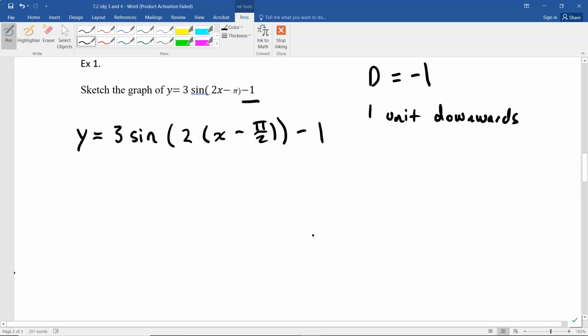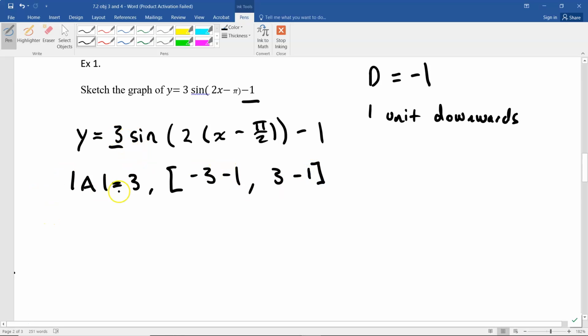So here we have an amplitude of 3. This right here is going to give us our amplitude of 3. And our range is going to be -3 minus 1, comma, +3 minus 1.